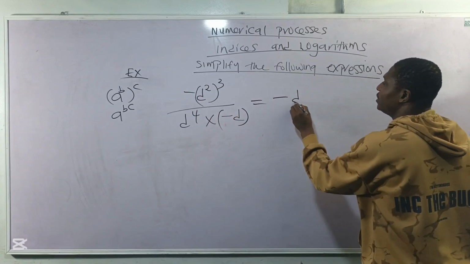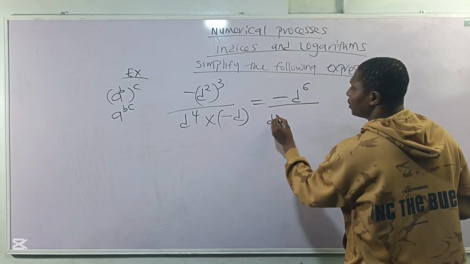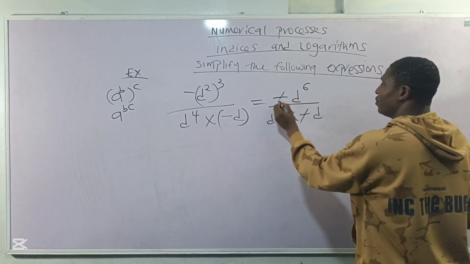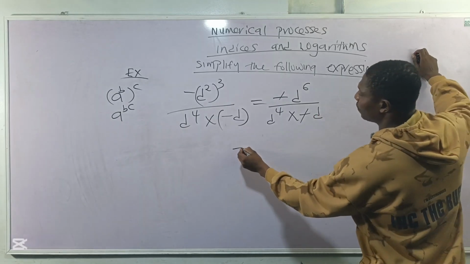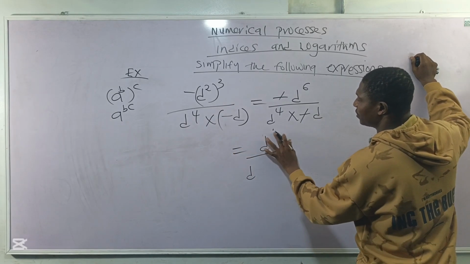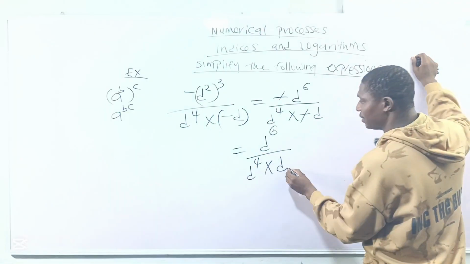So this becomes d raised to power 3 times 2 will give me 6 all over d raised to power 4 times minus d. And this can be used to cancel this. So I have d raised to power 6 all over d raised to power 4 times d.